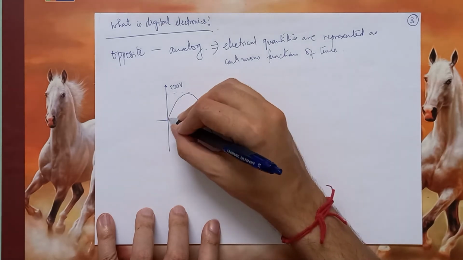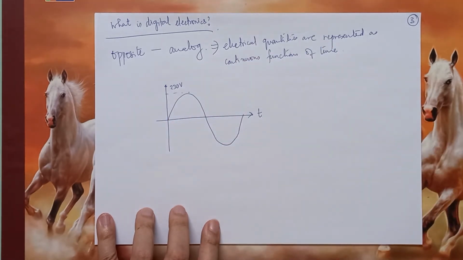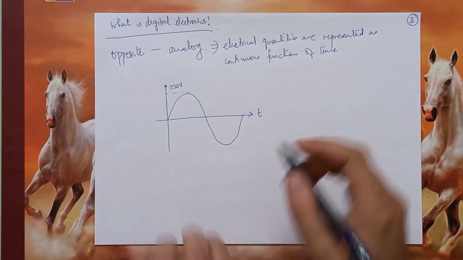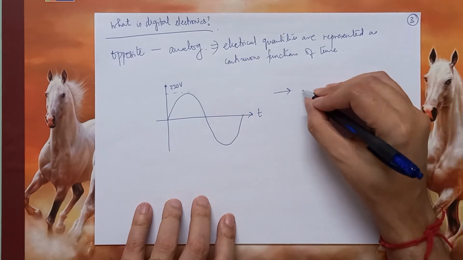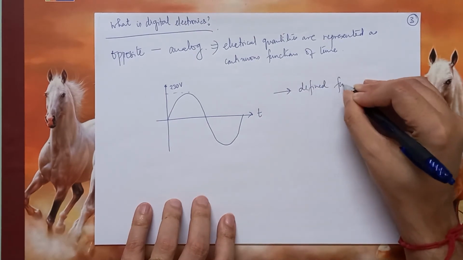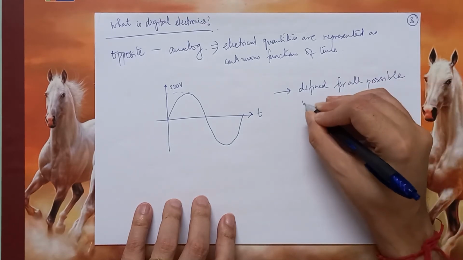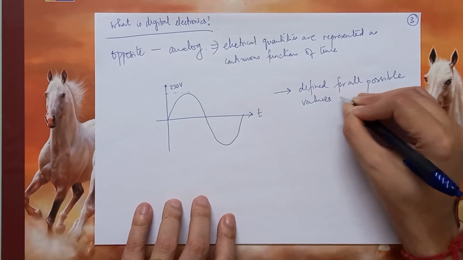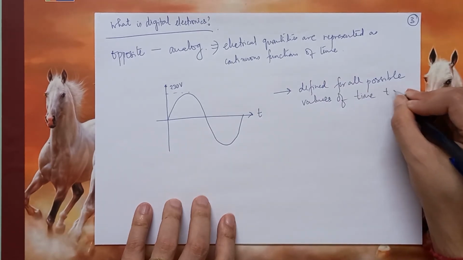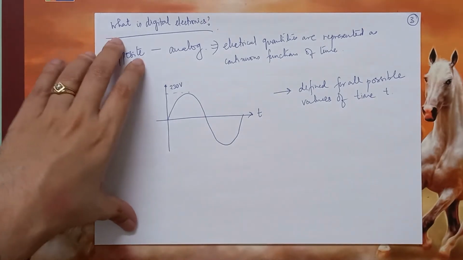But the point is that at each and every possible instant in time, this has a very well-defined value. Defined for all possible values of time t. This is voltage.